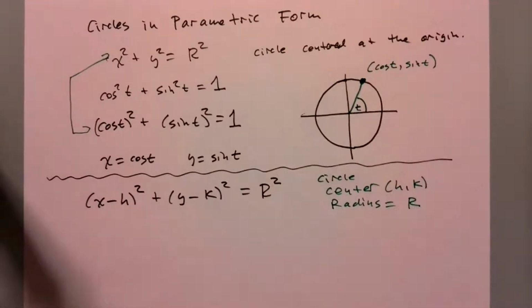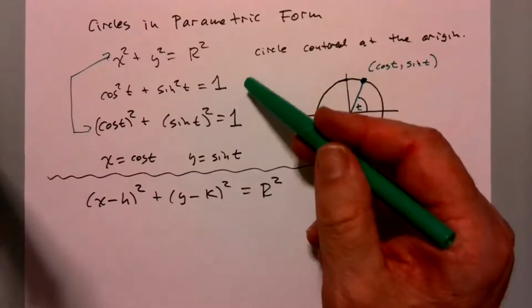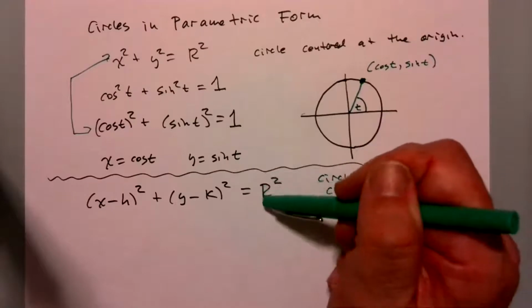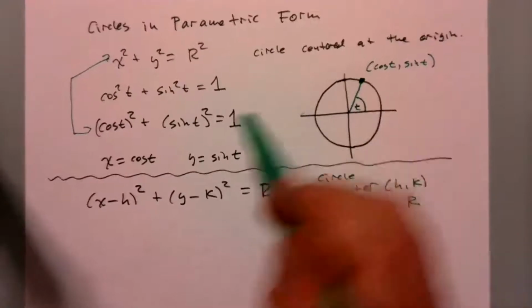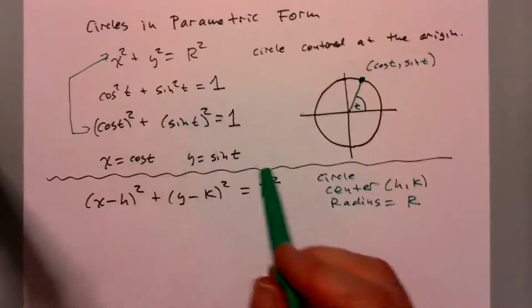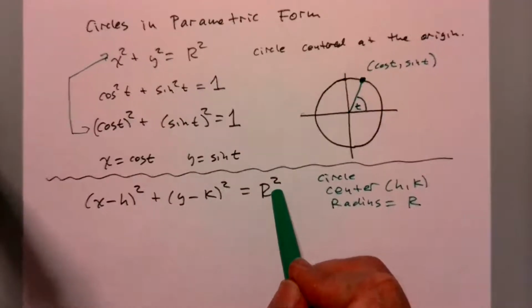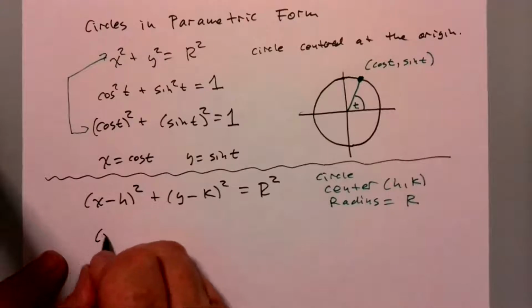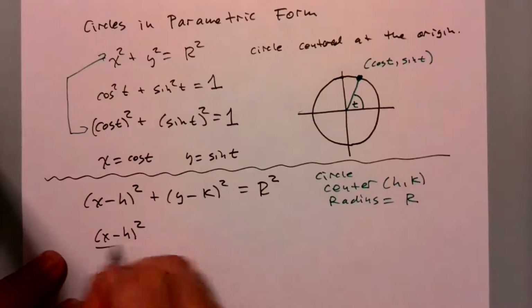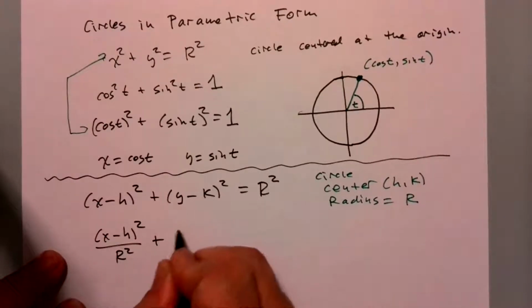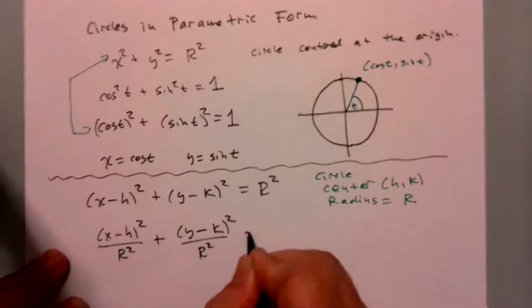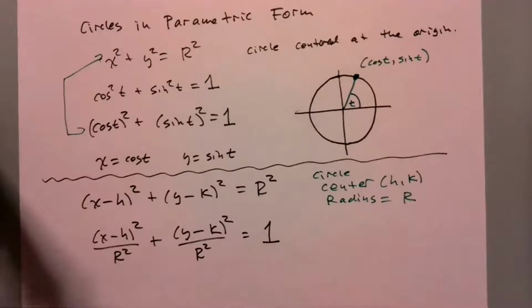So we know that. Now, how can we use what we did up here to make sense of what we have down here? Well, if we're going to use our favorite identity, I have to have it equaling 1. So to do that, I've got to divide both sides by r squared. So we'll take x minus h squared over r squared plus y minus k squared over r squared is 1.